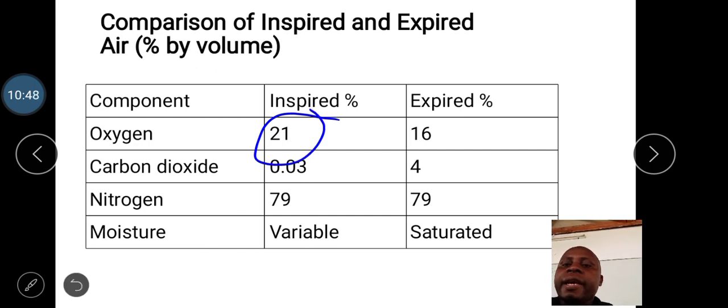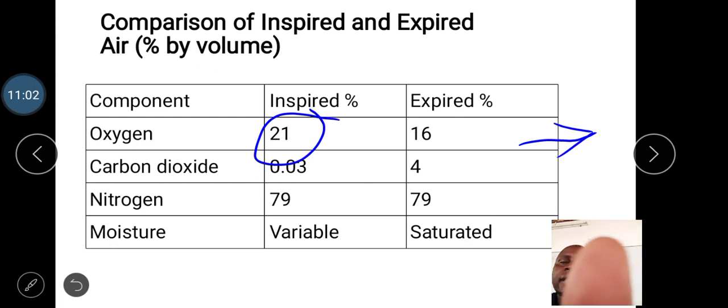But the air that has been given out contains about 16%. Why do you think there is a decrease in oxygen concentration? Because the expired air, that is the air that has been exhaled, has less oxygen because some of the oxygen has moved into the blood.